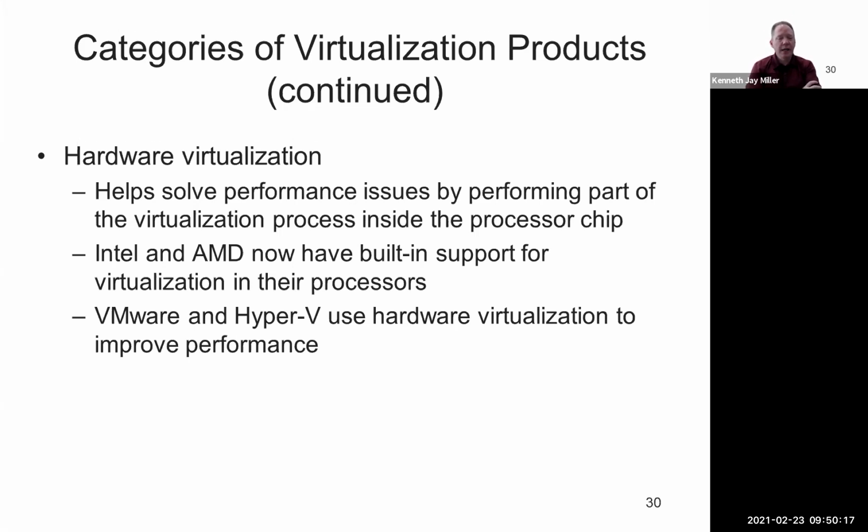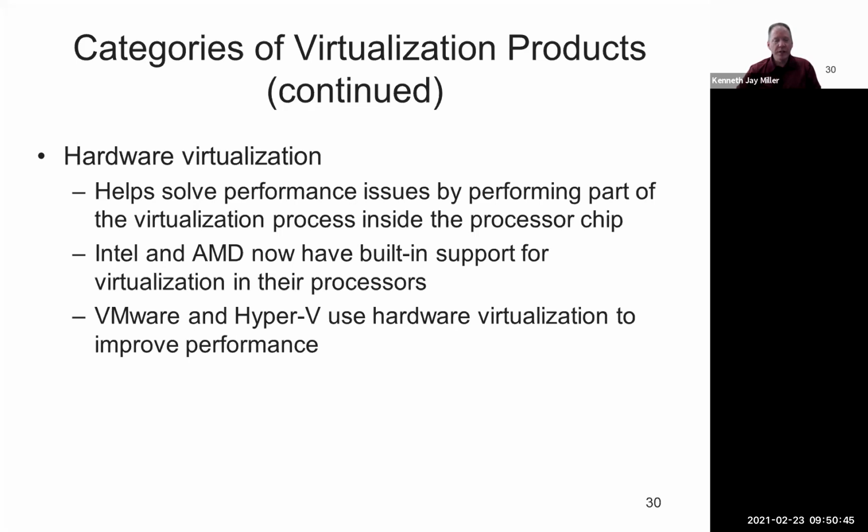Well, as VMware became more and more popular, the 2 main CPU manufacturers, AMD and Intel, started developing code in their processors that allowed them to be virtualized. And for Intel, it's called the VT-X code set. And with AMD, it's just AMD-V.